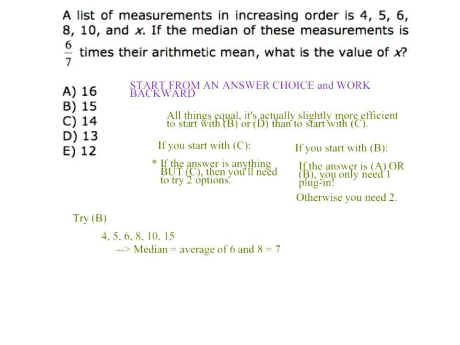And then the mean is the sum of all those things divided by 6. So the sum of those, 4 plus 6 is 10, plus 5 is 15, 23, 33, 48. So it's 48 over 6, so 8. Now notice that 7 is not 6/7 of 8.